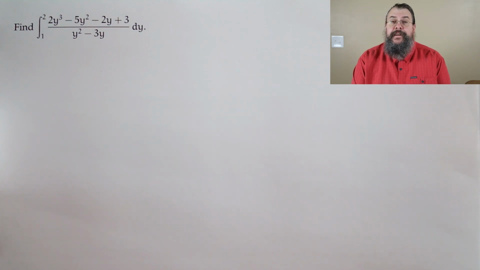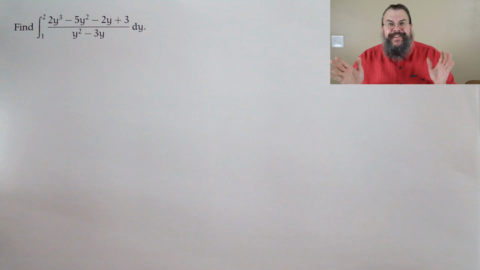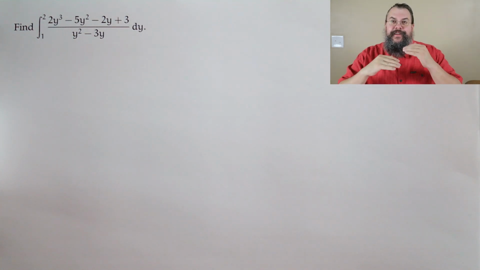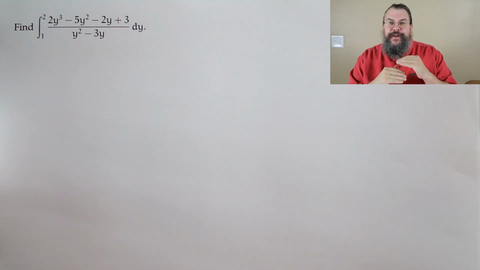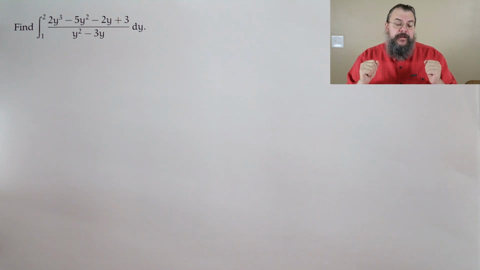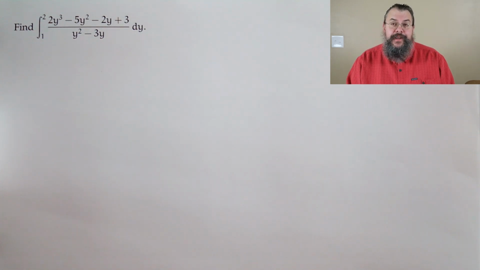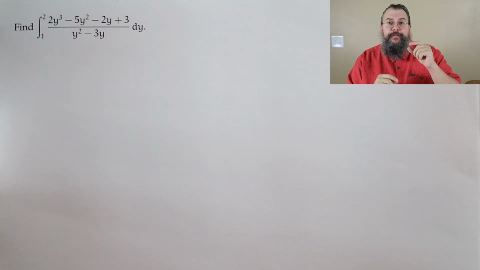Now, first thing we always check: is it a partial fractions problem? And yes, it's a rational function, so partial fractions, great idea. The next thing we say, do we need to do some long division here? And the answer is yes, because if you look, the power on the top is larger than the power on the bottom.